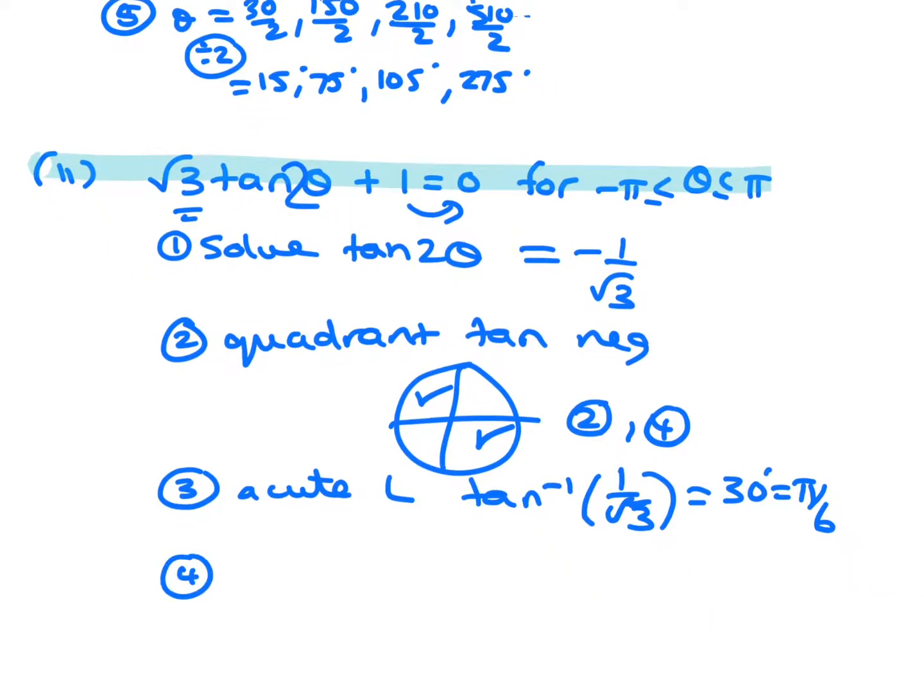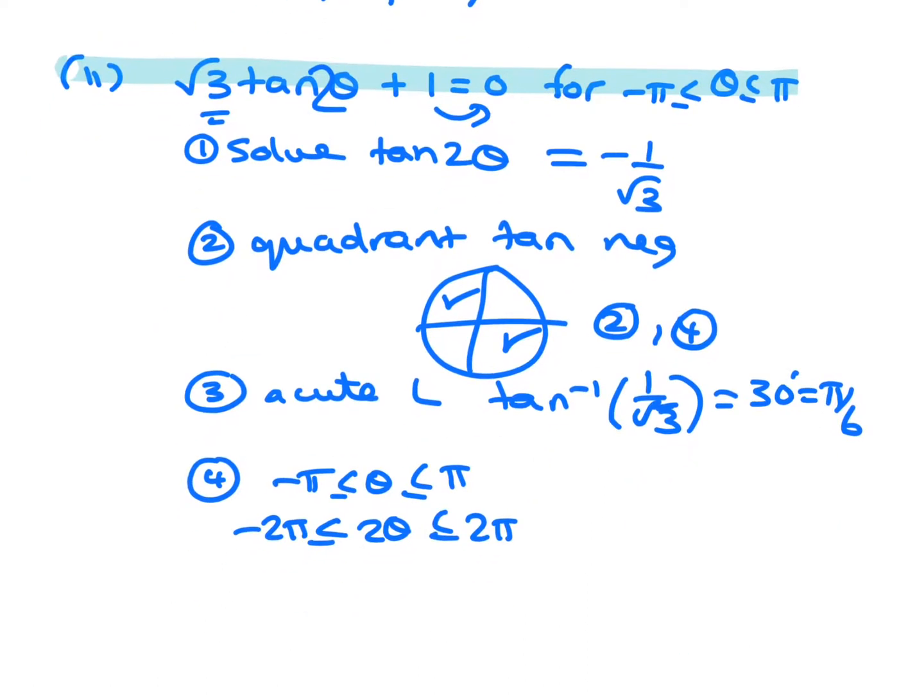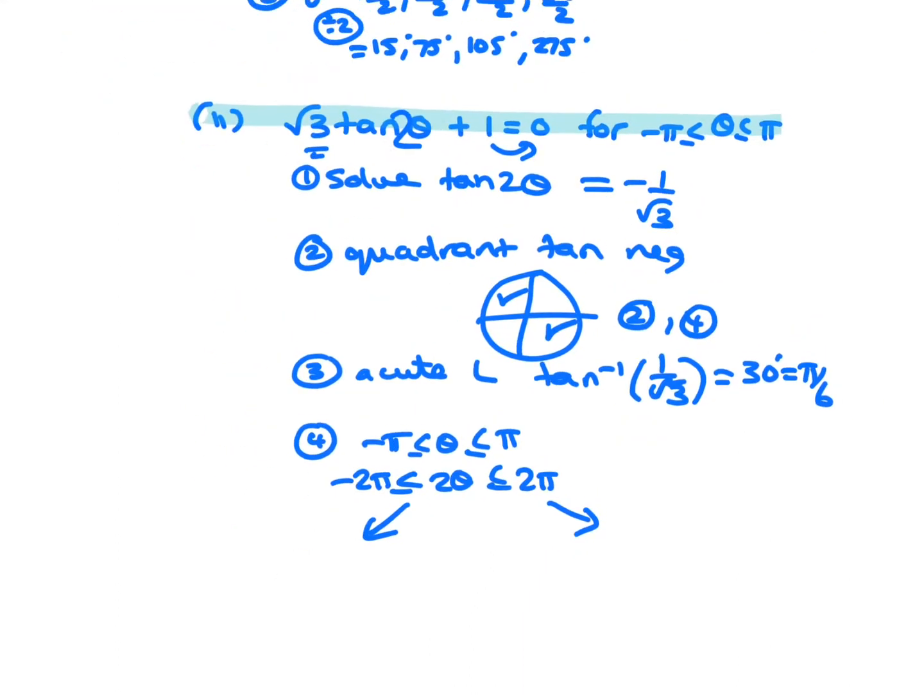Okay, so that's the quadrants. Now, we know that theta is between minus pi and pi, so 2 theta would be between minus 2 pi and 2 pi. That means you need to split it in order to solve it: between minus 2 pi and 0, and between 0 and 2 pi.